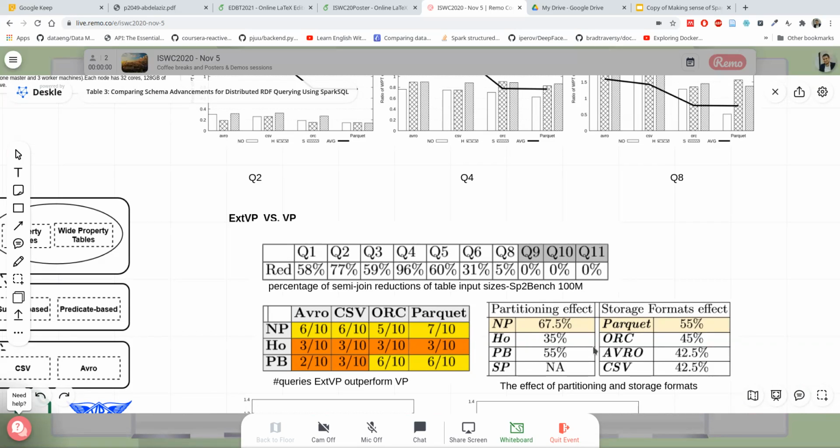On the other side, the small number of projections in SP2Bench queries suggests that columnar file formats can fit such query workloads better than the row-oriented ones, as shown in this table here.